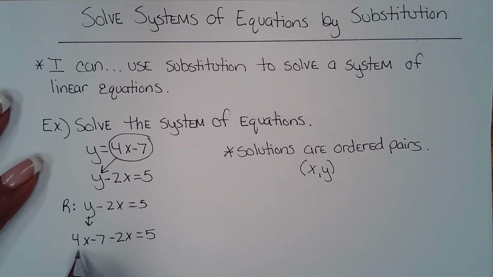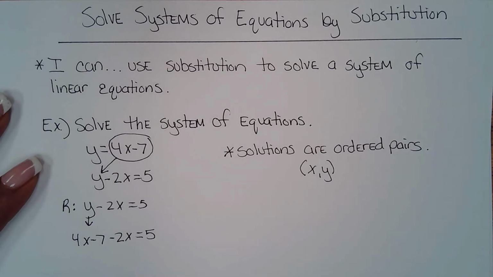So when I rewrite the equation using the substitution method, my new equation becomes 4x minus 7 minus 2x equals 5. So now I'm only dealing with an equation that includes the same variable x.